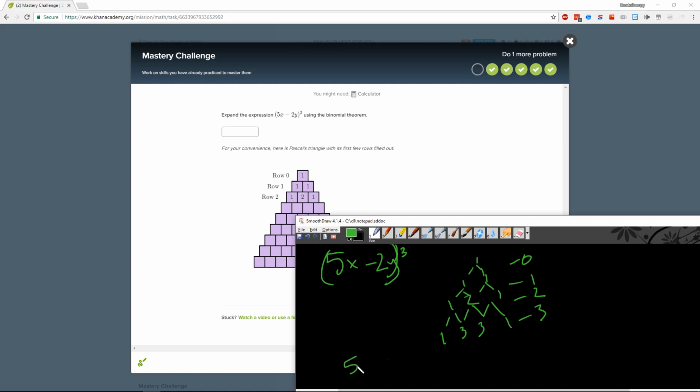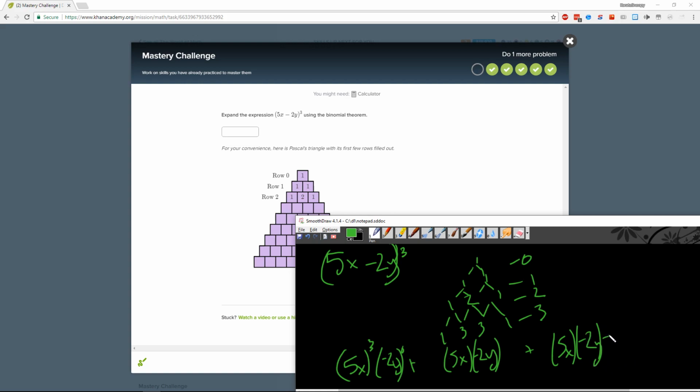So it's 5x to the third minus 2y to the 0, plus minus 2y, plus, just write all the terms down first.